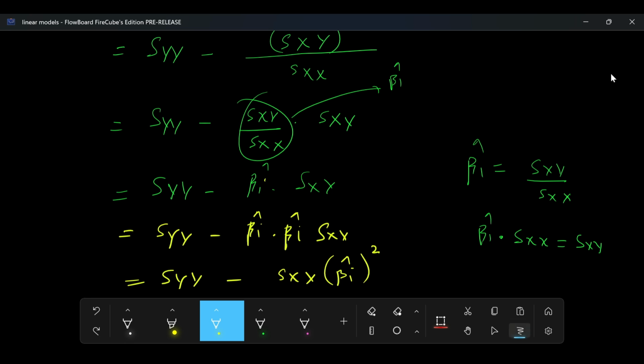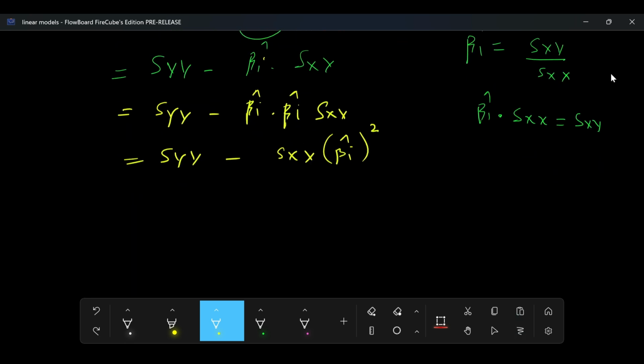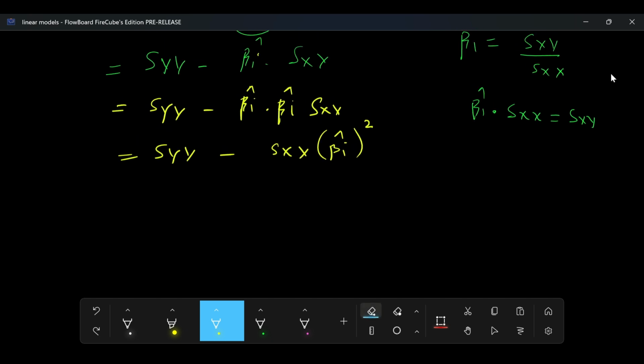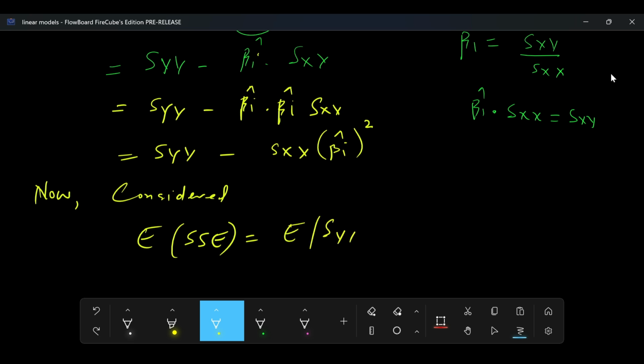Now let's do one thing. Consider expectation of SSE is equal to expectation of SYY minus expectation of SXX into beta 1 hat square.